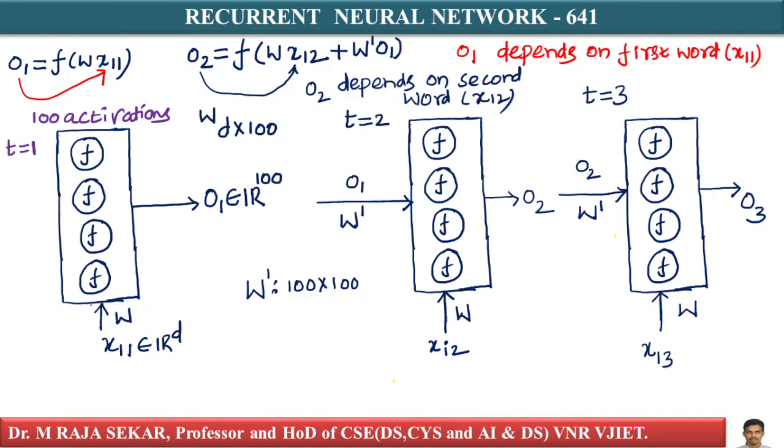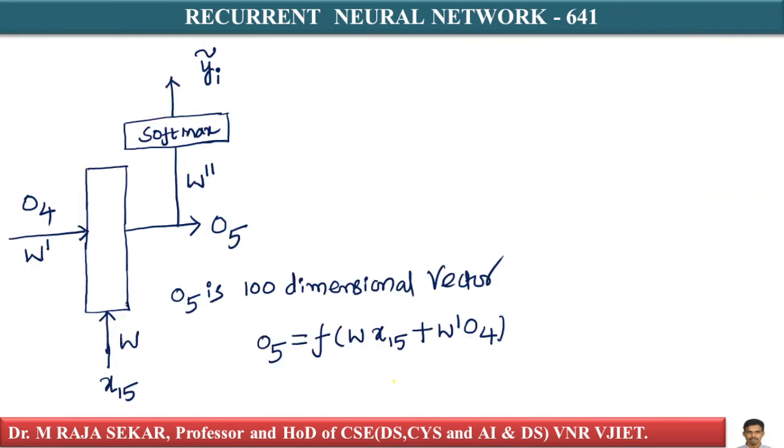Similarly, so on and so forth, your final class label, your yi tilde, depends on your final output, that is O5, along with your learned weights, isn't it?